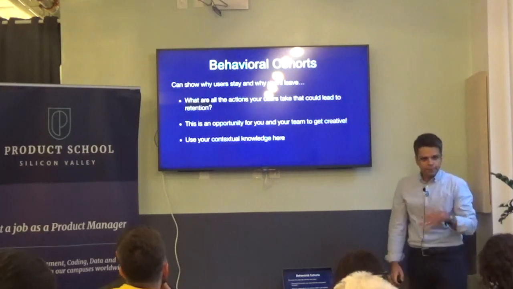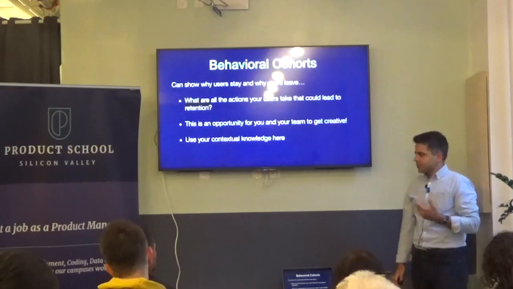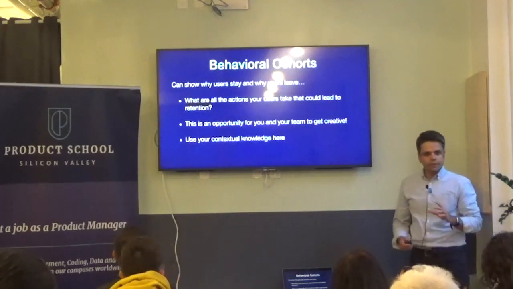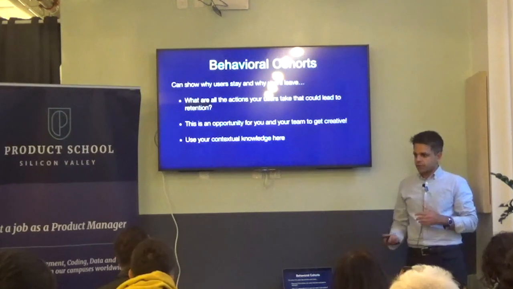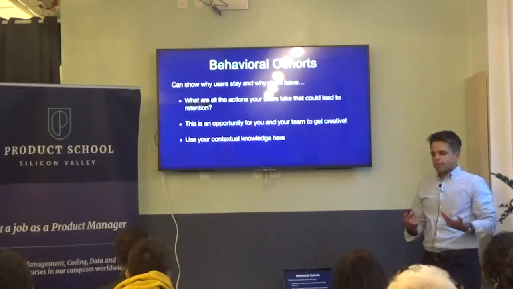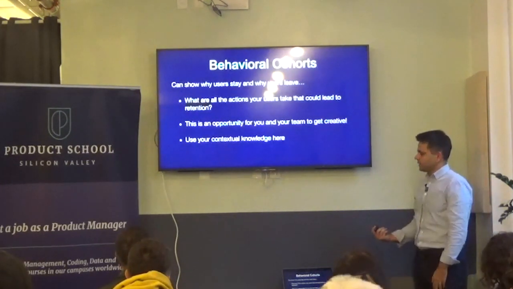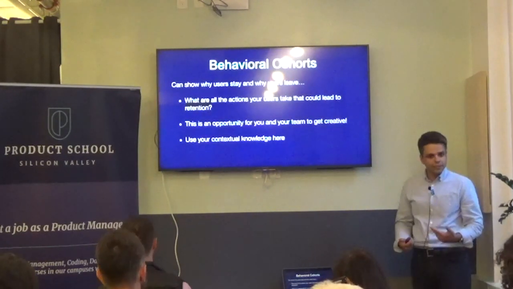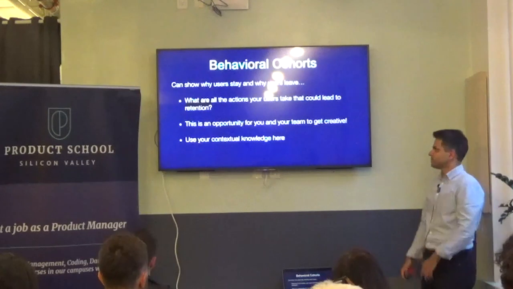as opposed to when. So when you're looking at this, you should brainstorm all the things in your product. There's probably multiple things that somebody can do, and you can try to hypothesize, like, hey, if a user does X, Y, or Z, are they more likely to retain in your product than if they don't do those things?